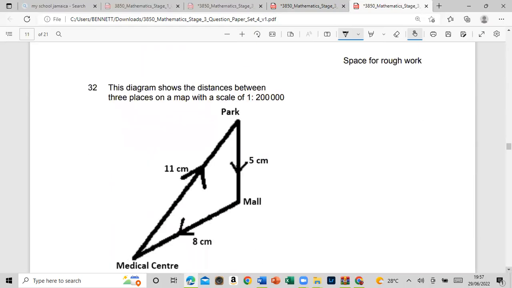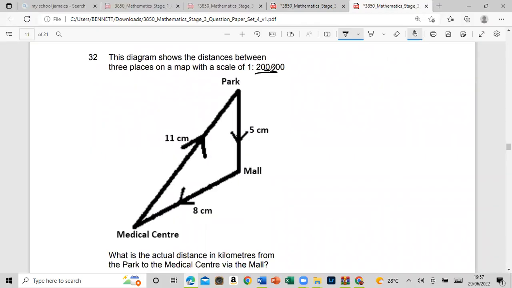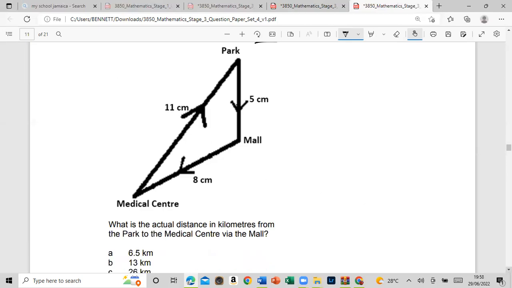All right. So the diagram shows the distance between three places, and the scale is 1 to 200,000. This is the actual distance in kilometers from the park. Let me see. From the park to the medical center. So that's our 11.